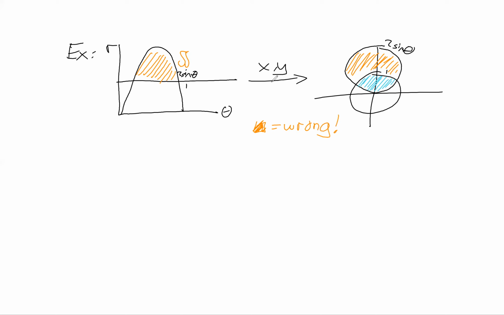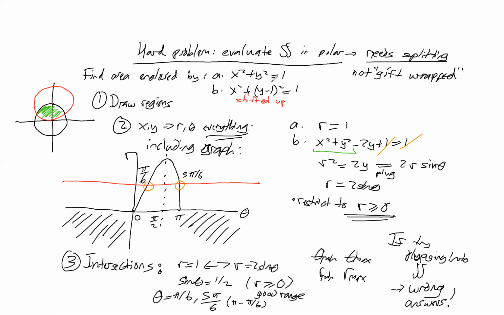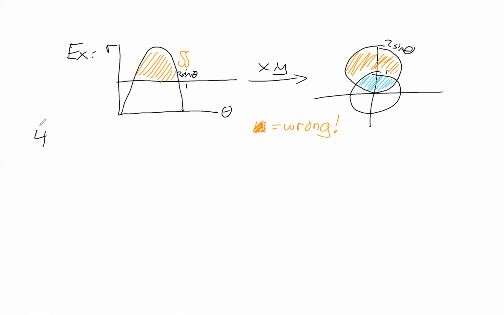Okay, I would say the third step, I think we're on 3, right? We're on 4. So the fourth step is to think, well, what are the regions that are available to us by integration? So draw the integration regions. Or rather, make a note.